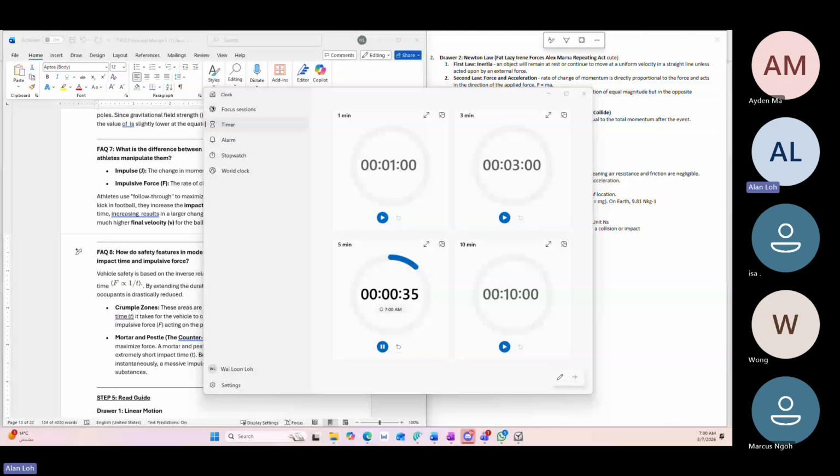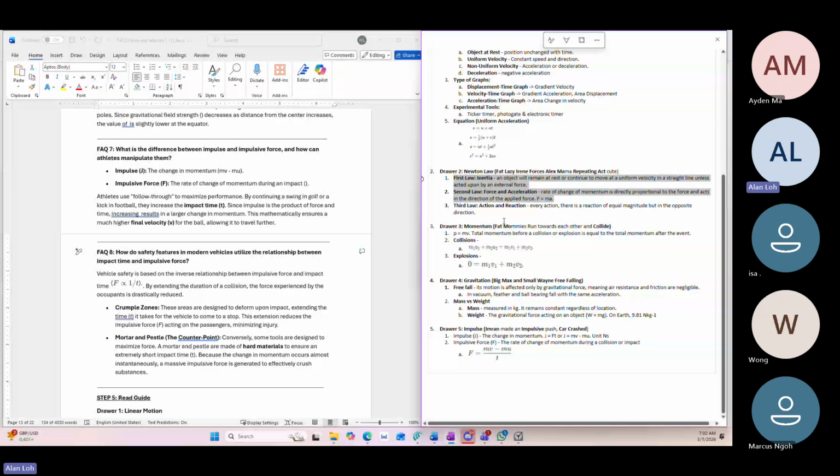Number 4 is gravitations, where you have free falls and mass versus weight. Drawer number 5, you have impulse and impulsive force. So these are the key concepts that you need to understand about the 5 drawers in this chapter.